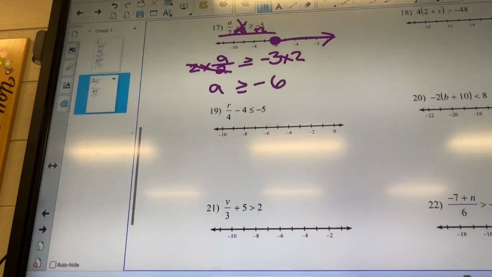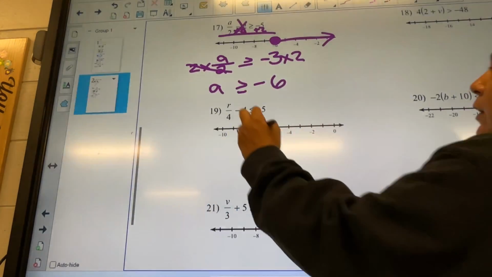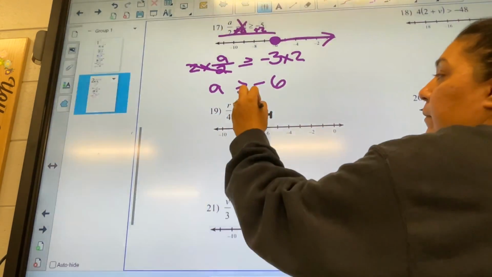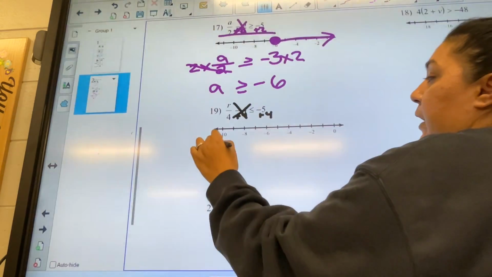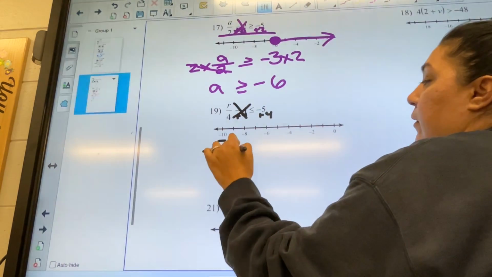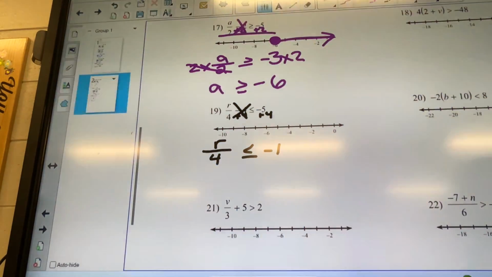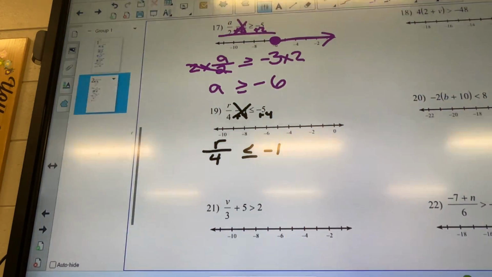Okay, number 19. Who is the kid? Negative 4. How do I move a minus 4? Plus 4. We're going to plus 4 and plus 4. So I get R over 4 and a negative 1. Okay, and then what needs done?